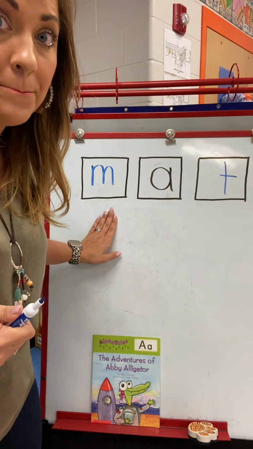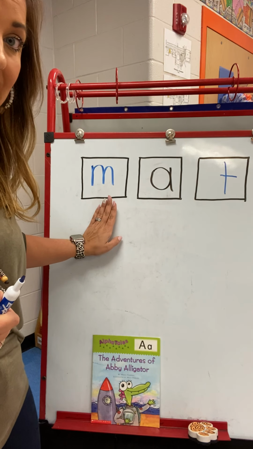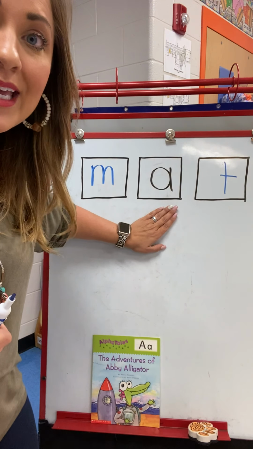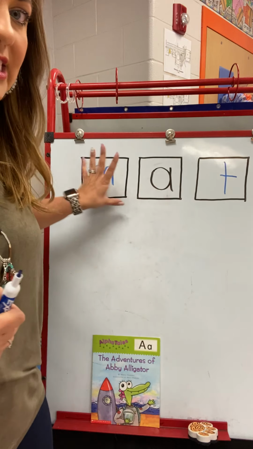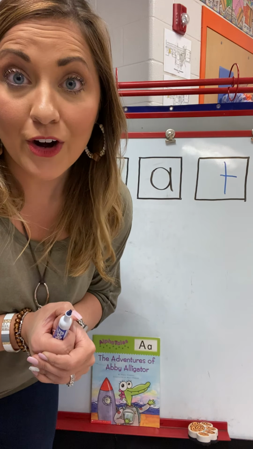I hear m as the beginning sound, and that is the first letter in the word mat. This is the middle sound, the sound in the middle of the word. It's not at the beginning, because we do not say first.